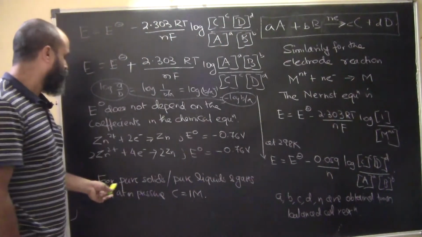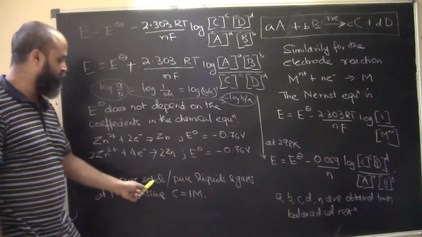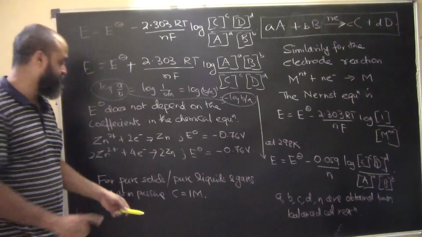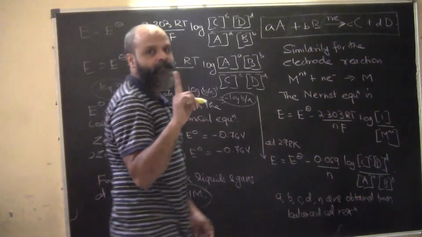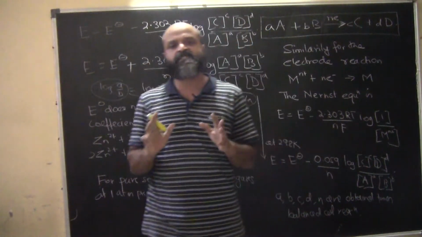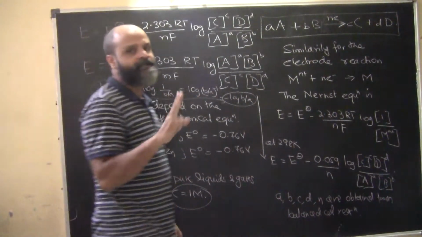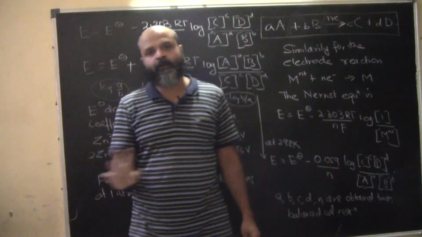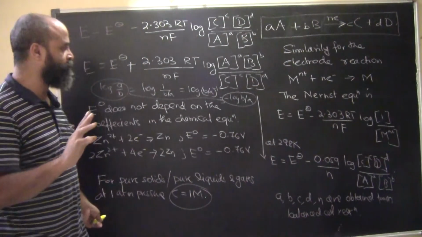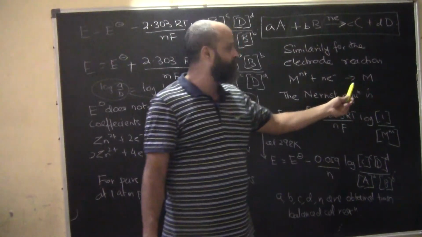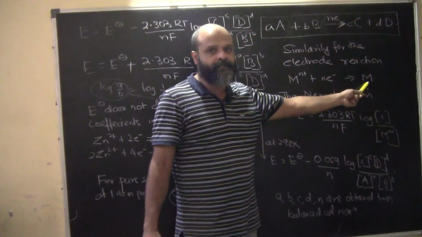For pure solids, pure liquids and gases at 1 atmospheric pressure, the molar concentration is always going to be 1 molar.